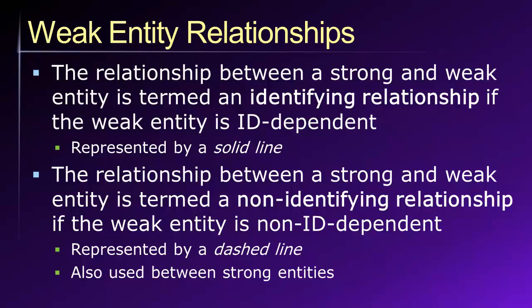In our entity relationship diagrams, these non-ID dependent relationships are represented with a dashed relationship line. And this dashed relationship line is also used to model relationships between strong entities.